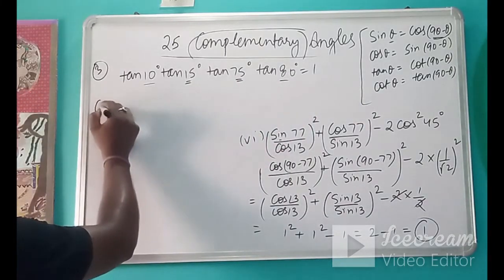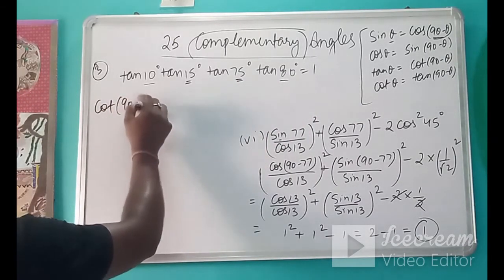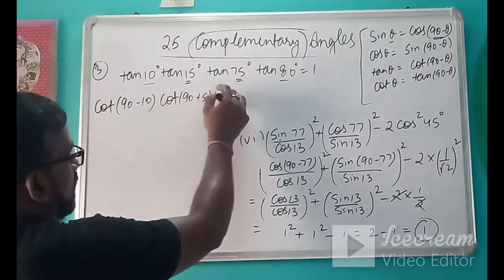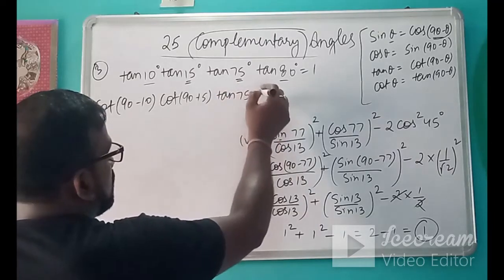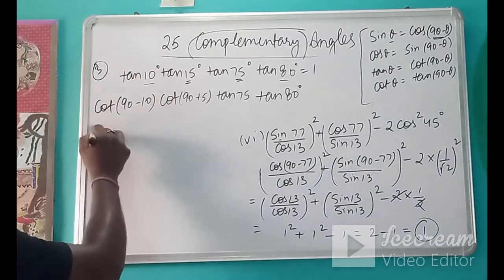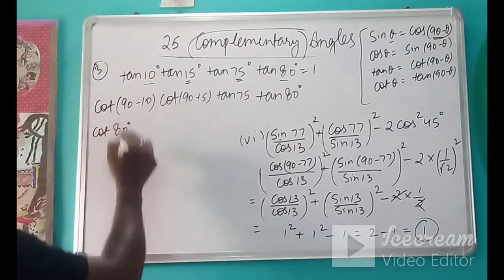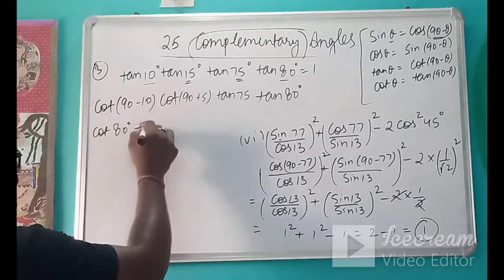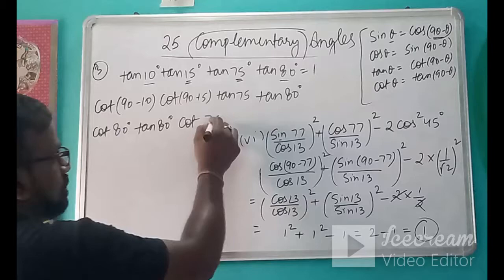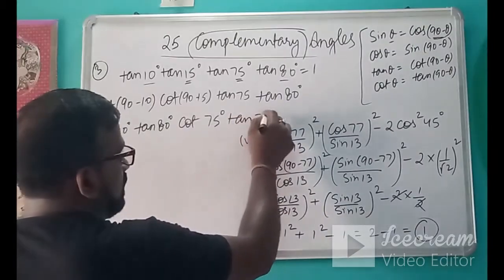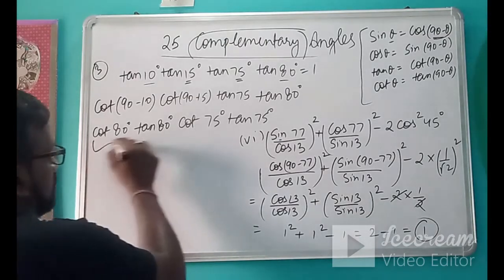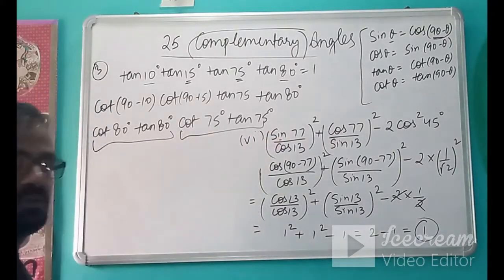Suppose you want to change it, you can change it like this: cot 90 minus 10, cot 90 minus 15, and it will remain same. This we will not change. So it becomes cot 80 degree, and we will write this tan 80 degree with cot 80 degree. It becomes cot 75 degree and tan 75 degree. Okay, so this is one pair and this is one pair.